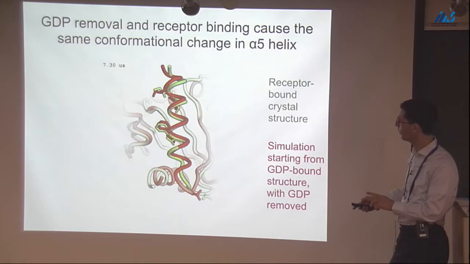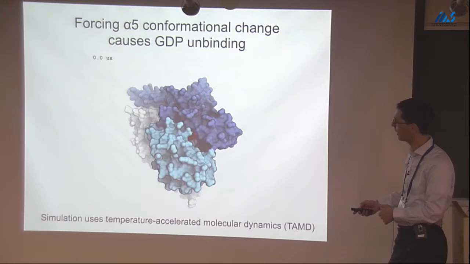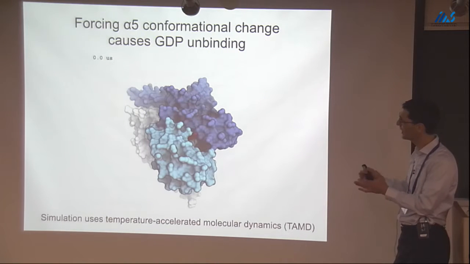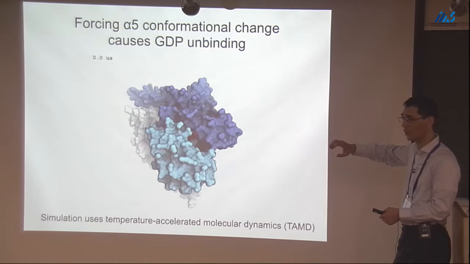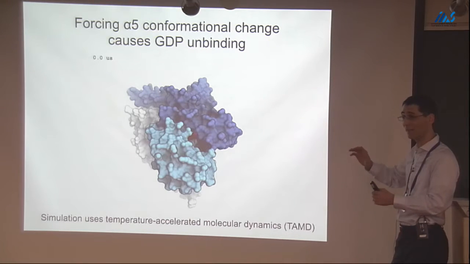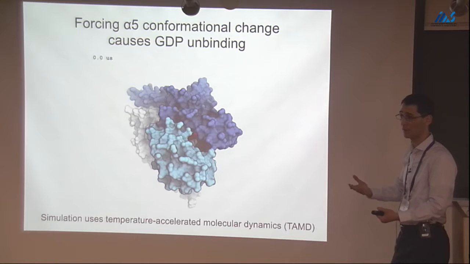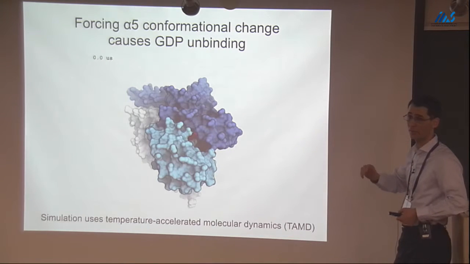Okay, so one way to further test this computationally is to force this conformational change in the alpha-5 helix, in simulation. And we would expect that when we force that alpha-5 conformational change, that will cause the GDP to come out faster.